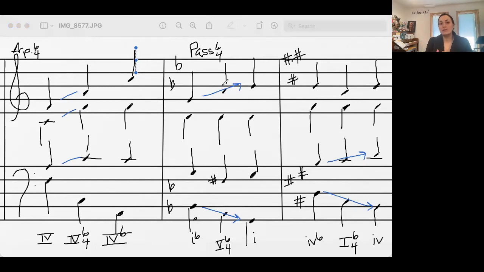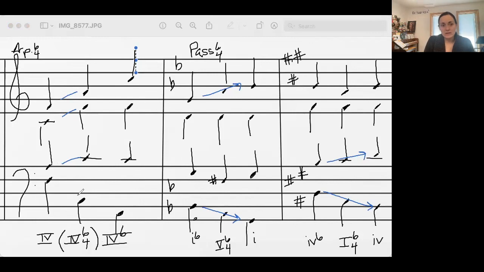We're just making this journey to the IV6 a little more leapy for sure, but we're staying in the same tonality. We can either think of this as prolonging the IV chord or jumping a little early to the IV6. It just happens that the inversion we reach is the IV 6/4 in between.